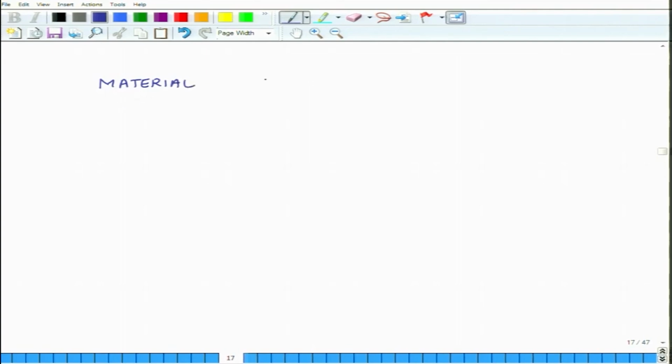The first column is for material, then the tensile strength, and here we are going to write down the tensile strength of the fiber, and then let us look at the tensile strength and here it is of bulk material.